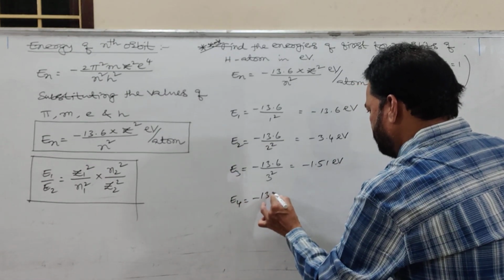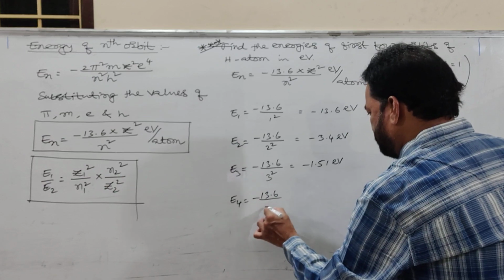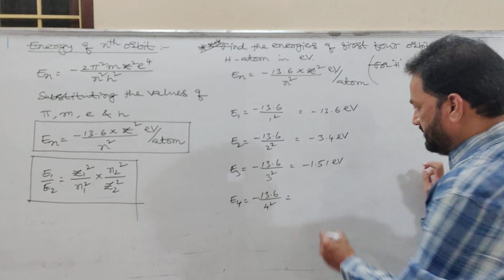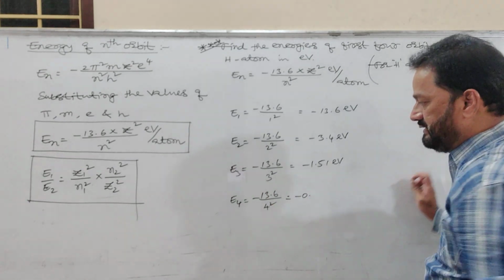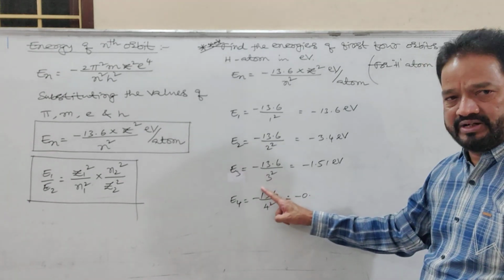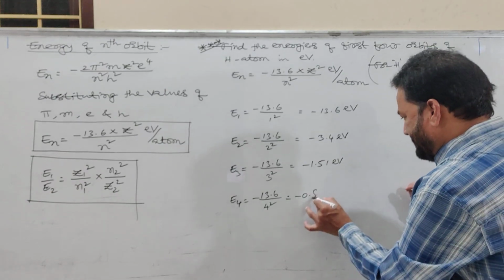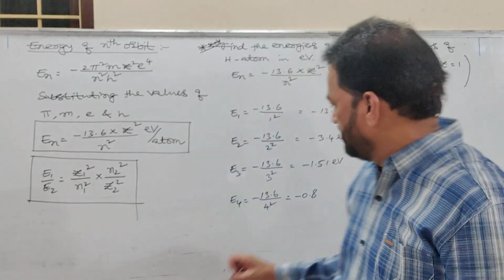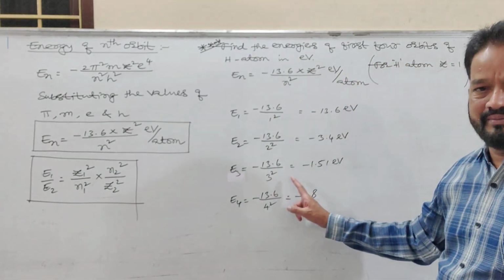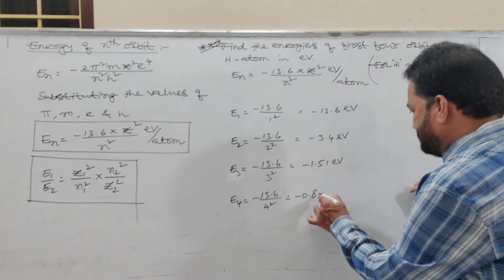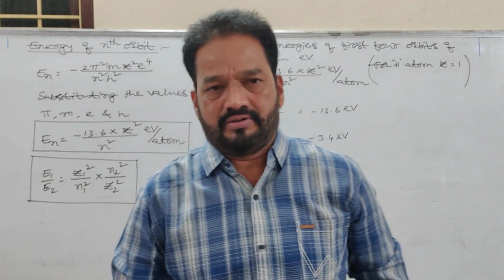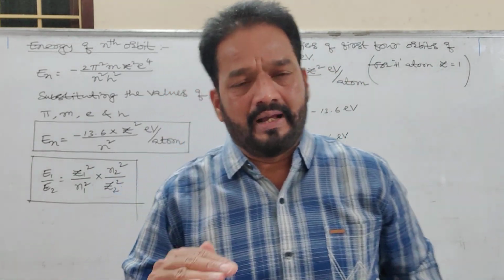Then E4 is minus 13.6 by 4 square. 16 won't go in 13, put 0 and point. 16 8s are 128, 136 minus 128 is 8. There is a point, so it becomes 80. 16 5s are 80. I am explaining even the simplification.